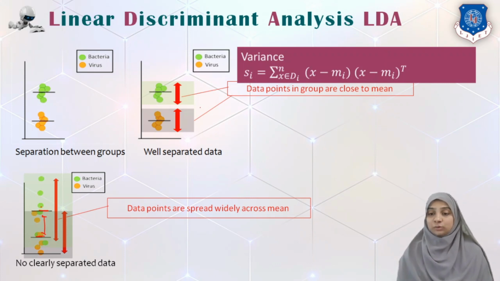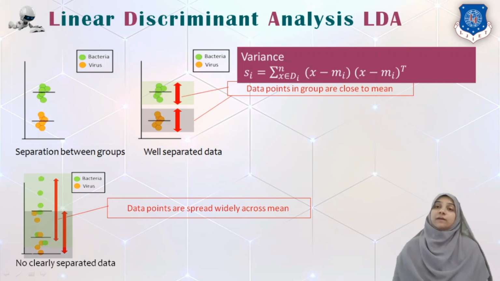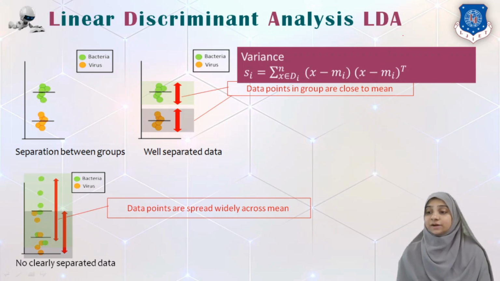If I show this diagrammatically, this is my m1 and this is my m2. Now we take the difference from each data point to the mean. As you can see, this data point is larger than the mean, so the difference between the data point and the mean will be positive.